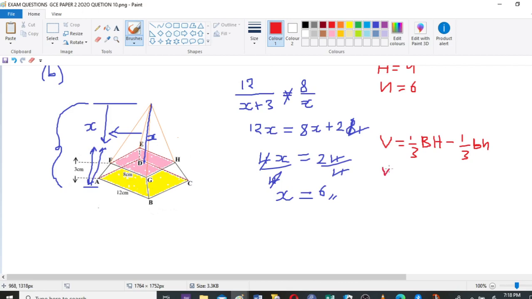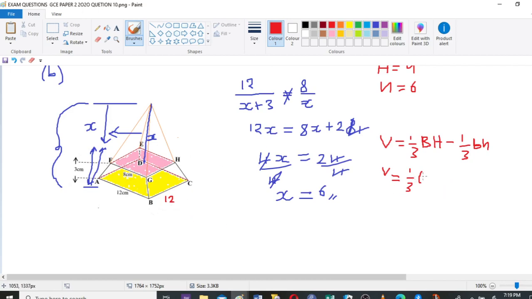So the volume will be 1 over 3. Now what is our base area? Note that this is a square at the bottom, so the base area is simply 12 by 12, which will give you 144.